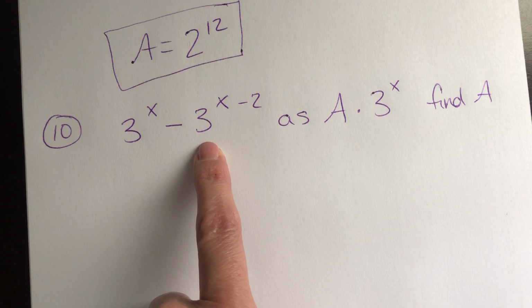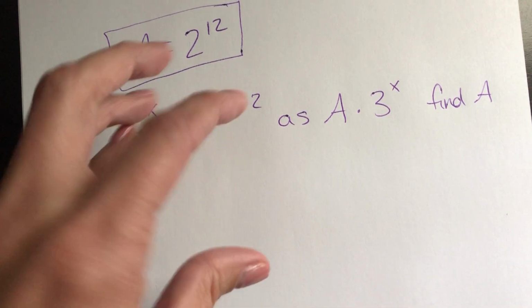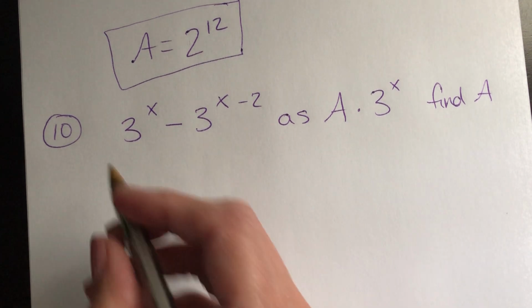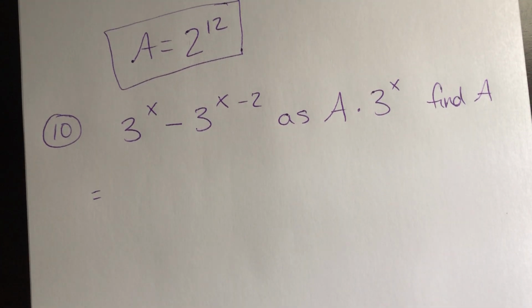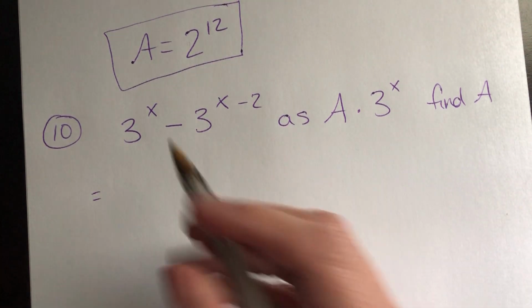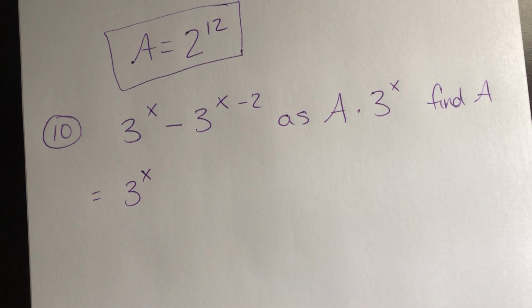So what I need to do, since I already have my base of 3 here, I just need to simplify it down to a single base of 3. So I'm going to use my exponent properties. This is pretty simplified. 3 to the x, really nothing you can do with that. So I'm just going to bring that down.